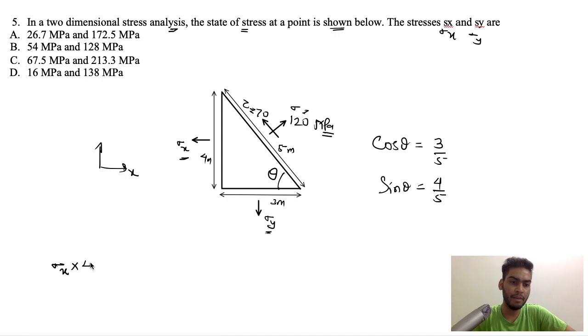If we are resolving in the horizontal or x direction, we can say sigma x into 4 meter, because we'll be writing the force Fx is equal to 0. For writing the force, we are using this side length and taking the perpendicular width to the screen as 1 meter. So sigma x times 4 into 1 is equal to, here if we take this angle, this angle is theta here.